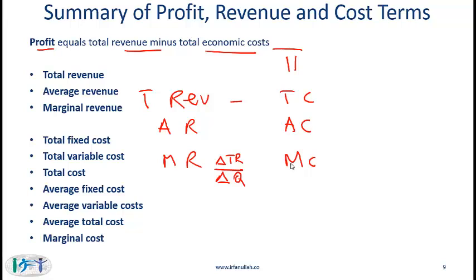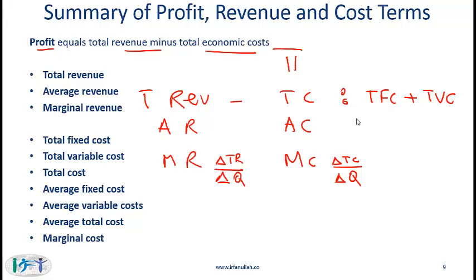This is also at times written as change in the total cost divided by change in quantity. Now, with cost, we have two components. So the total cost can be thought of as total fixed cost plus total variable cost.